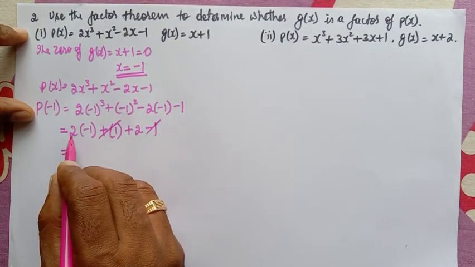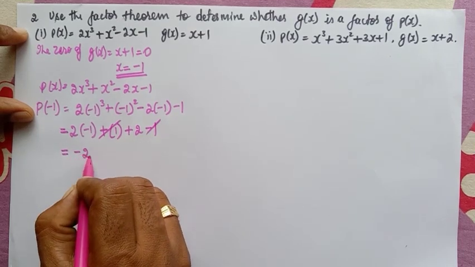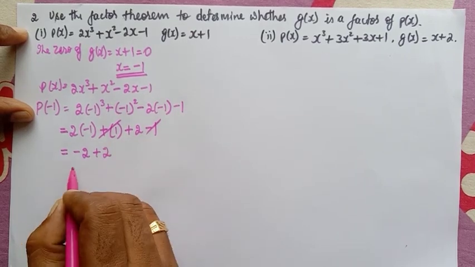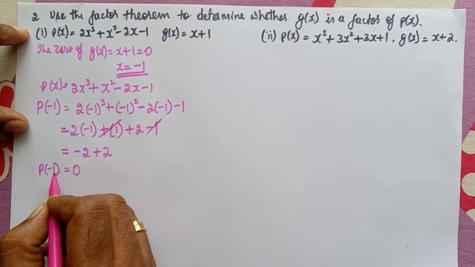Here, minus 1 into 2 is minus 2. Here, plus 2. This will be equal to 0. P of minus 1 is equal to 0.